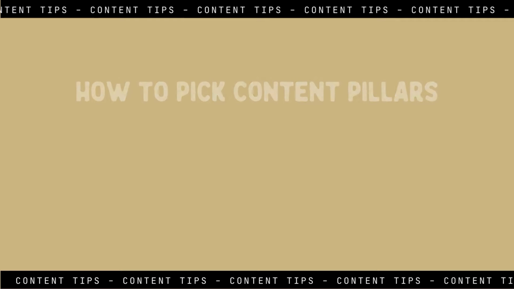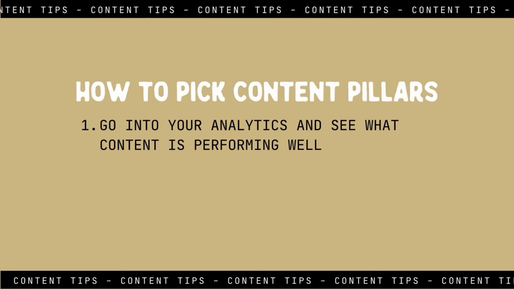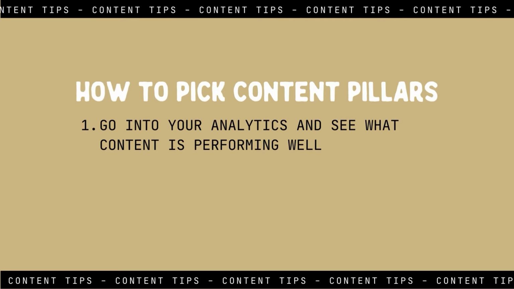We're going to dive into an activity here, and I want you to either get out a piece of paper or do this digitally, whatever works best for you. This is really going to help group together everything that you know into pillars that make sense for you. First, go into your analytics, whatever platform you're creating on, and see what content is already performing best for you. As you analyze this content, can you find themes?